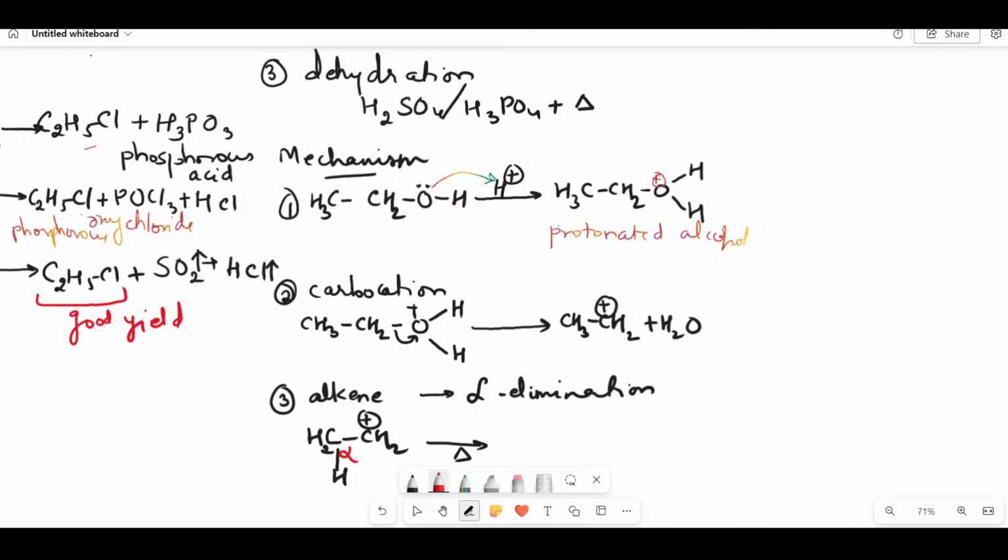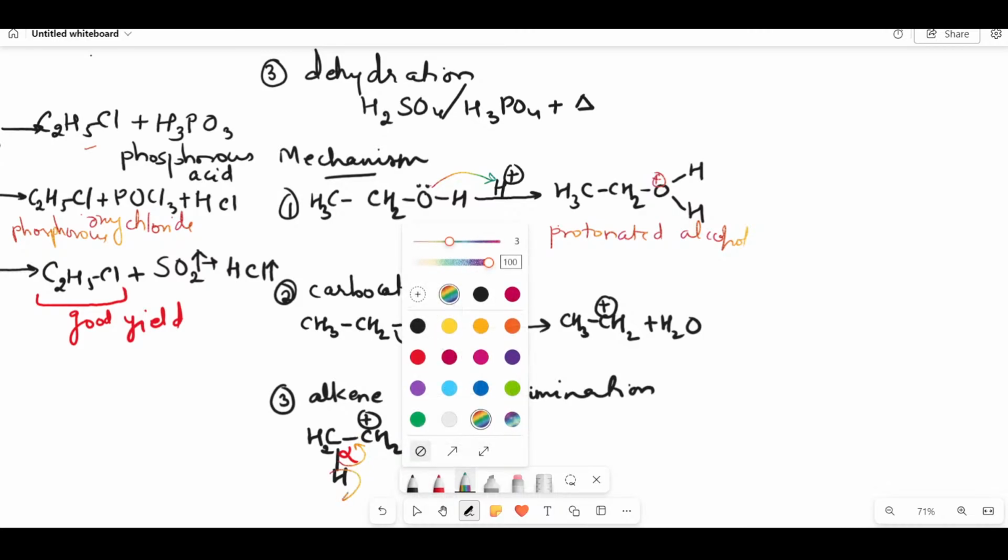This is the alpha carbon, so anything attached to the alpha carbon will be alpha hydrogen. This alpha hydrogen will cleave, this alpha hydrogen will leave, and the bond will fall here with the removal of hydrogen.